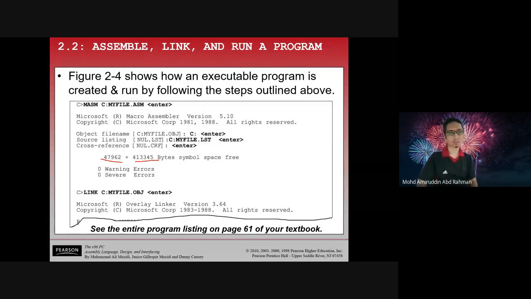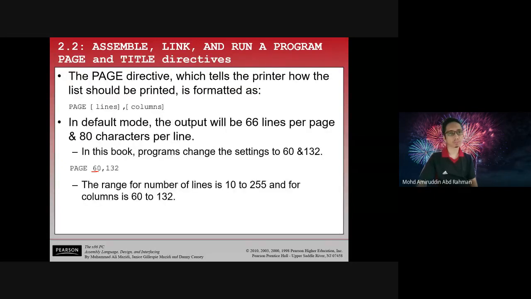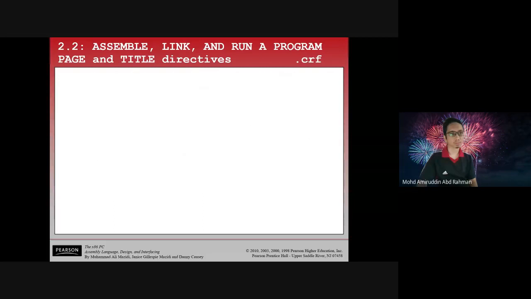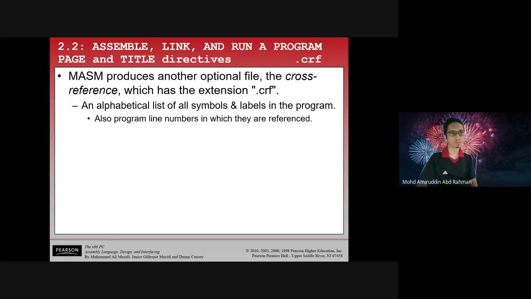The .crf is the cross-reference file, an alphabetical list of all symbols used in the program, along with the program line numbers in which they are referenced. This is optional. If you want to have that file, we can have it. If you don't want it, we can just ignore it.